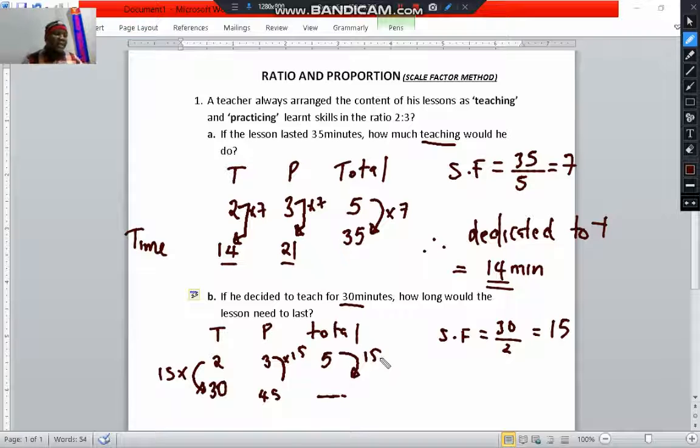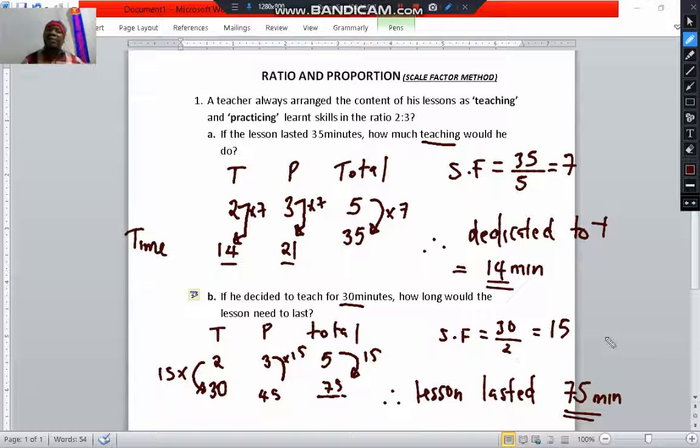So if we do that nicely, 5 by 15, we would find that we've got 75, all right? So this is the total time that was taken for this entire lesson. So therefore we can say the entire lesson lasted for 75 minutes. If you want, you can write this in terms of hours.